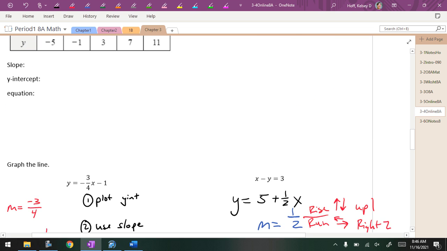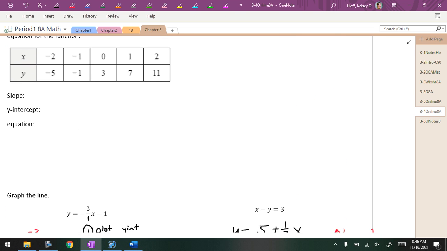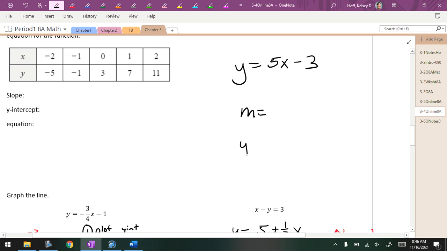Yes. I'm going to give you one more. Y equals, we're not going to graph it, 5x minus 3. Silently, tell me the slope, tell me the y-intercept.